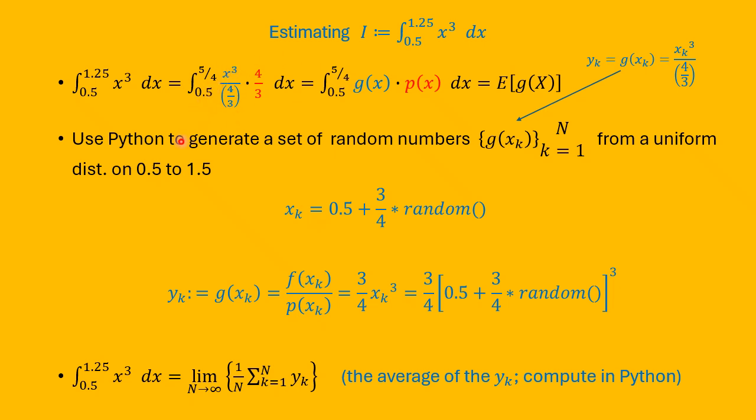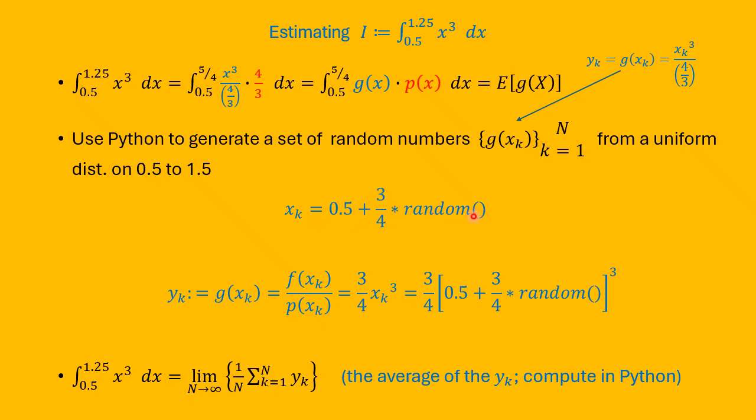Okay, so we're going to use Python to generate a set of random numbers, x sub k, k going from 1 to n, from a uniform distribution on the interval from 0.5 to 1.25. And so x sub k, using our uniform 0, 1 random number generator, can be done this way. x sub k is 0.5 plus 3/4 times random.